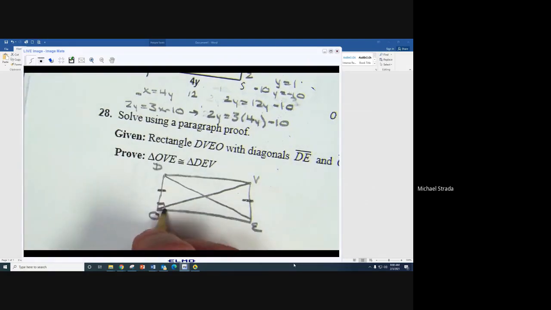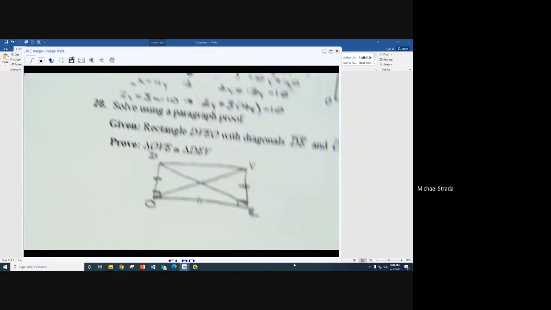Those angles would be congruent, definition of a rectangle. That side would be congruent by shared side, reflexive property. And the triangles would be congruent by side angle side.